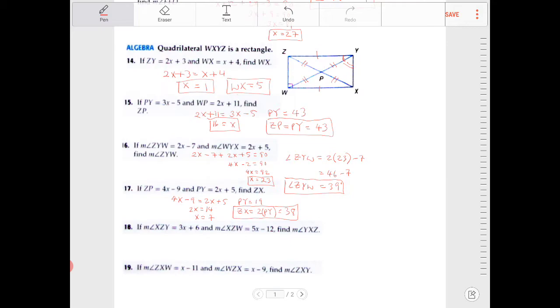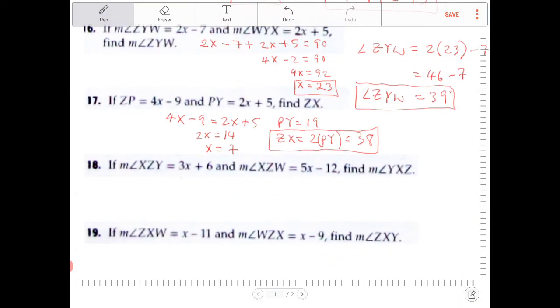Okay, so since XZW and XZY, these two must add up to 90 degrees.